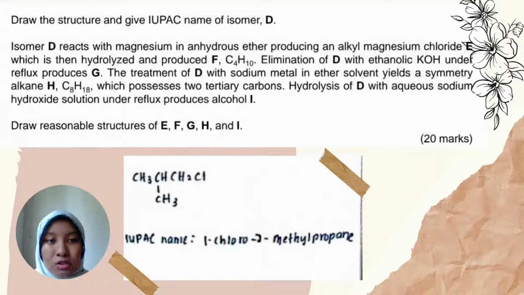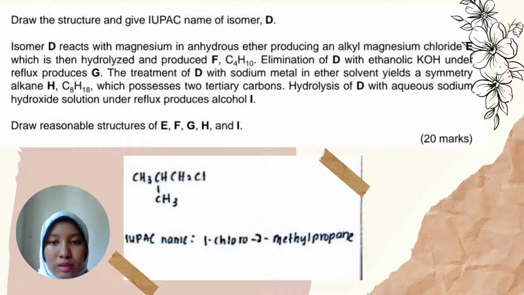Next question. Draw the structure and give IUPAC name of isomer D. Isomer D reacts with magnesium in anhydrous ether, producing an alkyl magnesium chloride E, which is then hydrolyzed and produces F, C4H10.